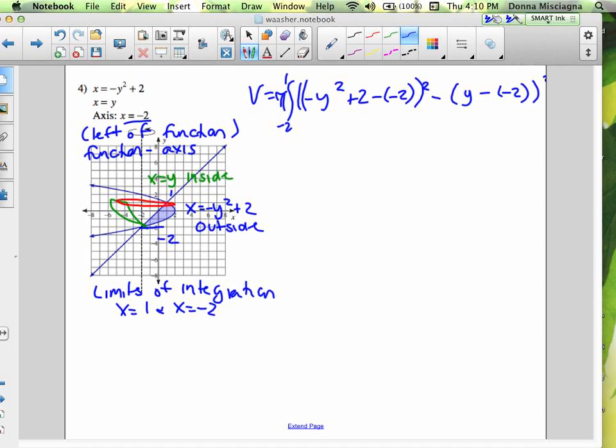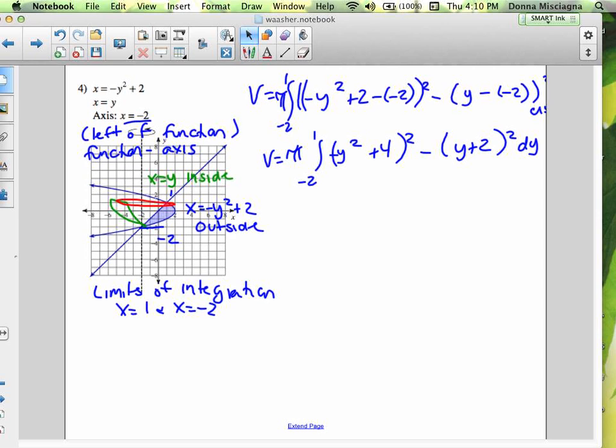All right, so let's simplify and square. So our volume is pi evaluated from negative 2 to 1, negative y squared, that'll be plus 4, right? And I still have to square it. Minus y plus 2 squared. And oops, don't forget your dy.